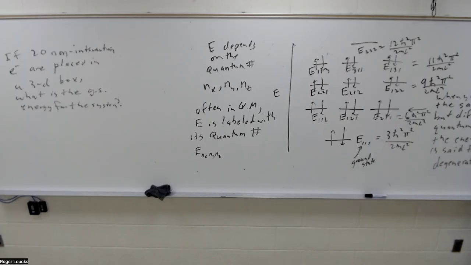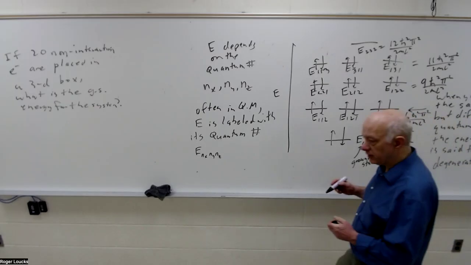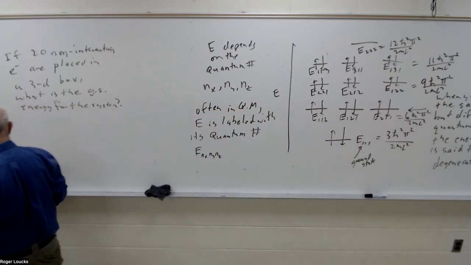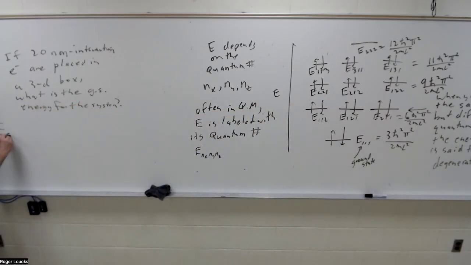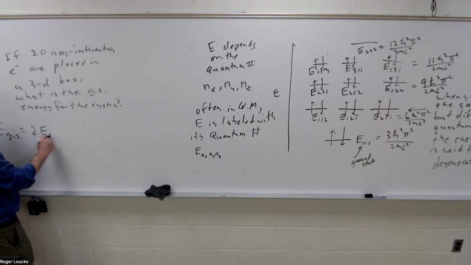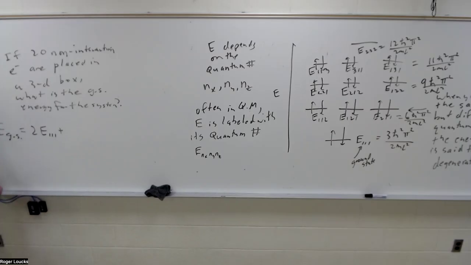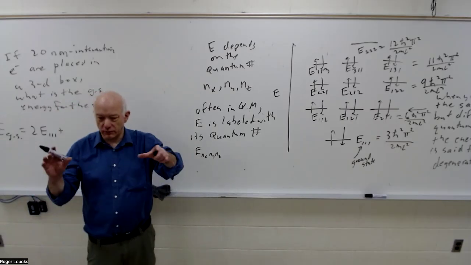So if you were to write this as the energy, then what would the energy be? E0 is h bar squared pi squared over 2 m L squared. Okay, I'm going to write it in terms of that. We're going to have 2 E111 plus, oh, I did bad math. Why don't I have to put in 2 in each of those terms?